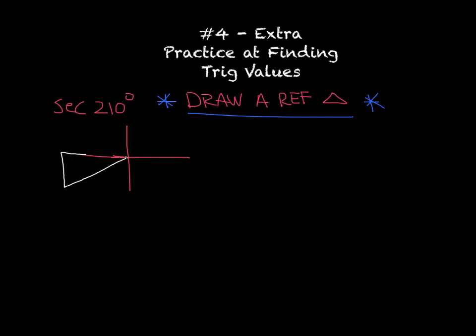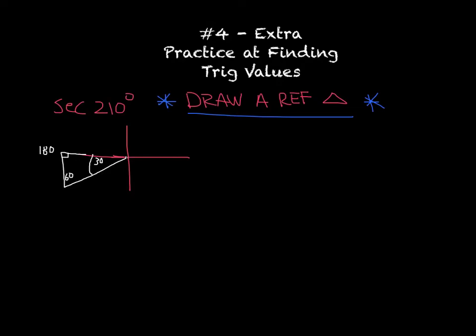Now, if this is 180 degrees flat, how much further beyond 180 do you have to rotate to get to 210? Well, 210 minus 180 is 30. So therefore, you know that 30 degrees goes right there, which means that's 60 and that is 90.